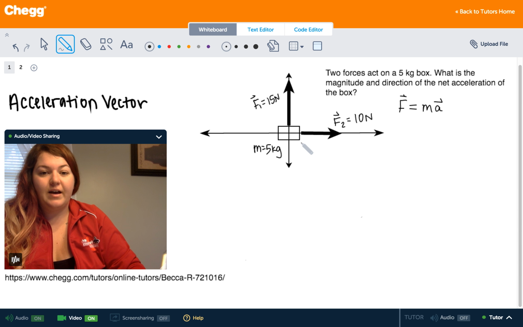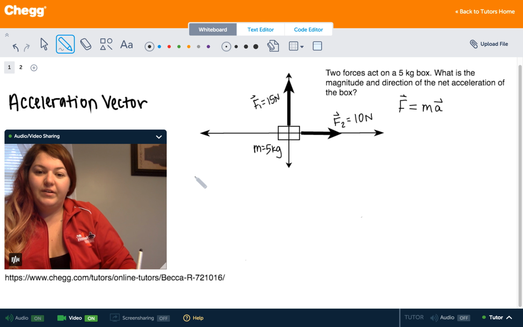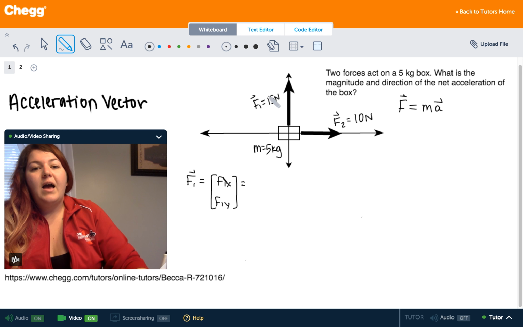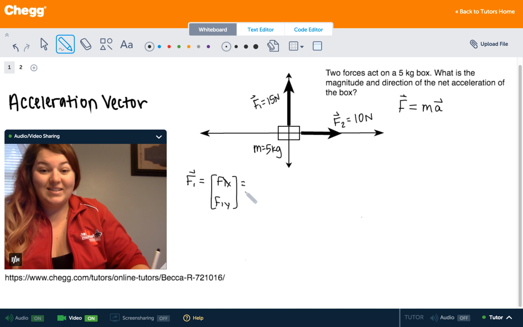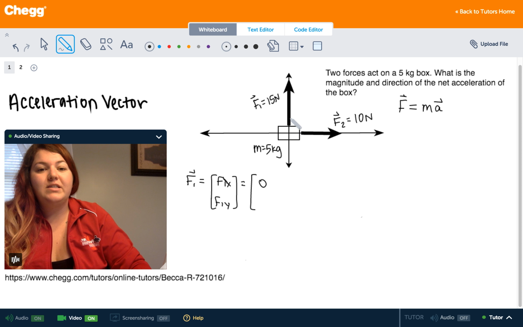We are given force vector 1 pointing in the y direction and force vector 2 pointing in the x direction. So in matrix notation or vector notation, we have F1x up here and F1y down here. In the case of force 1, there is not an x component because F1 is pointing entirely along the positive y direction.